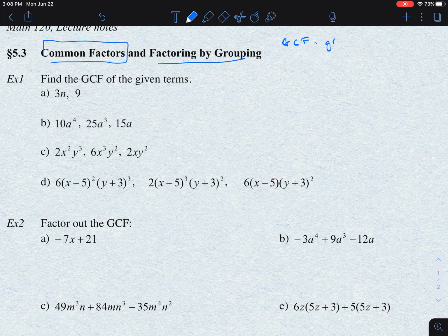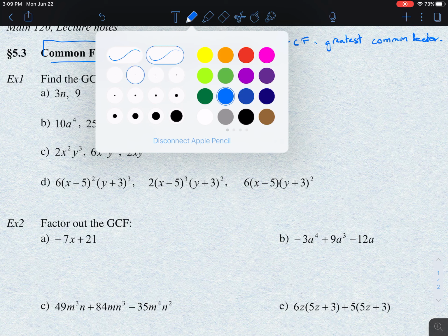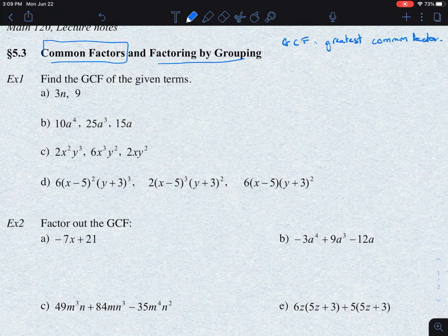Greatest common factor of algebraic expressions or terms. If we have 3n and 9, we're looking for the common factor, or the greatest common factor, that divides into both 3n and 9. Notice that the 9 doesn't have a variable, so this GCF doesn't contain a variable.